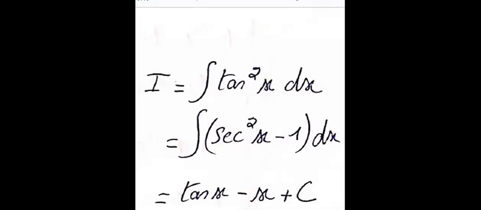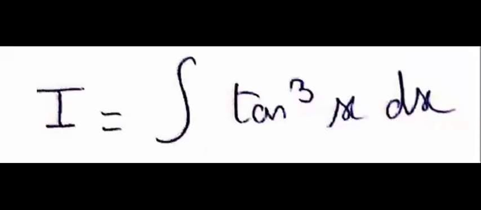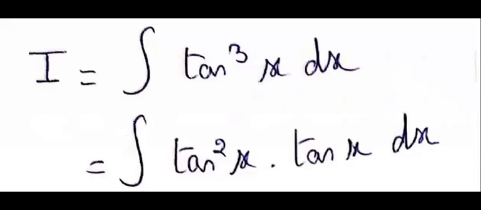Okay, let's make things a little bit more complicated by checking the integral of tangent cube x dx. I remind you that I need to find secant squared somewhere. So what I do is that I write tangent cube as tangent squared x multiplied by tangent x.